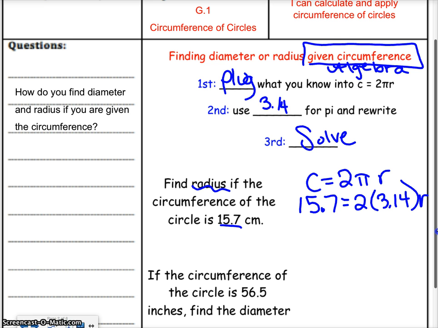What's 2 times 3.14? 6.28. So 15.7 equals 6.28 times the radius. Now how do I get rid of 6.28? Divide. So 15.7 divided by 6.28 is 2.5. That's my radius.